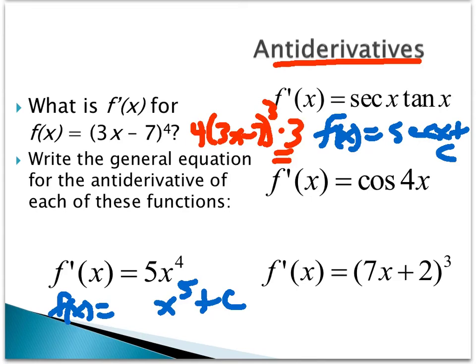So these next two problems help us understand the anti-chain rule, which I was showing on the previous slide. And here I have f prime of x equals cosine 4x. So I want to antiderive this, but this is a composite function. You notice I have an inside and outside function. So I want to antiderive the outside. Well, cosine's the outside. The antiderivative of cosine is sine, with respect to the inside, so 4x, divided by the derivative of the inside.